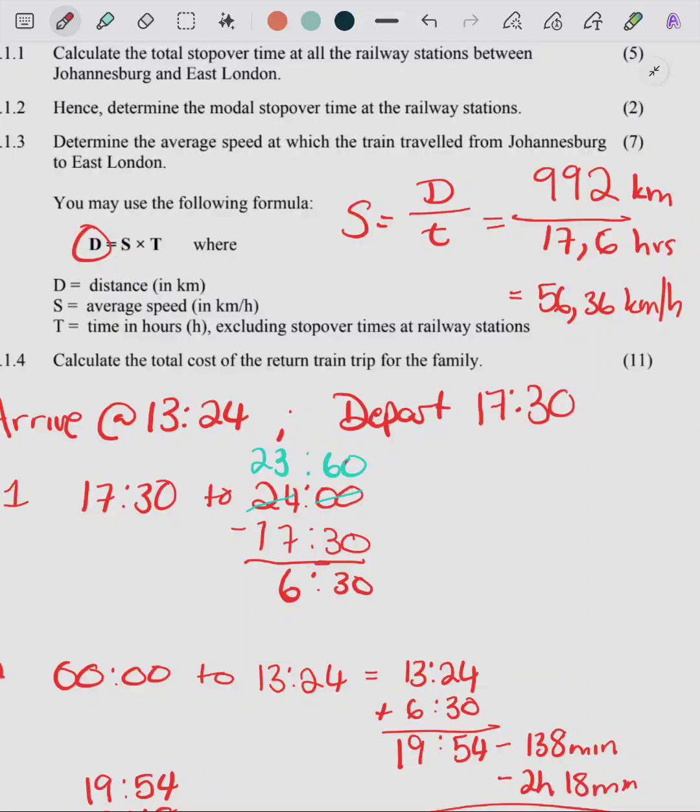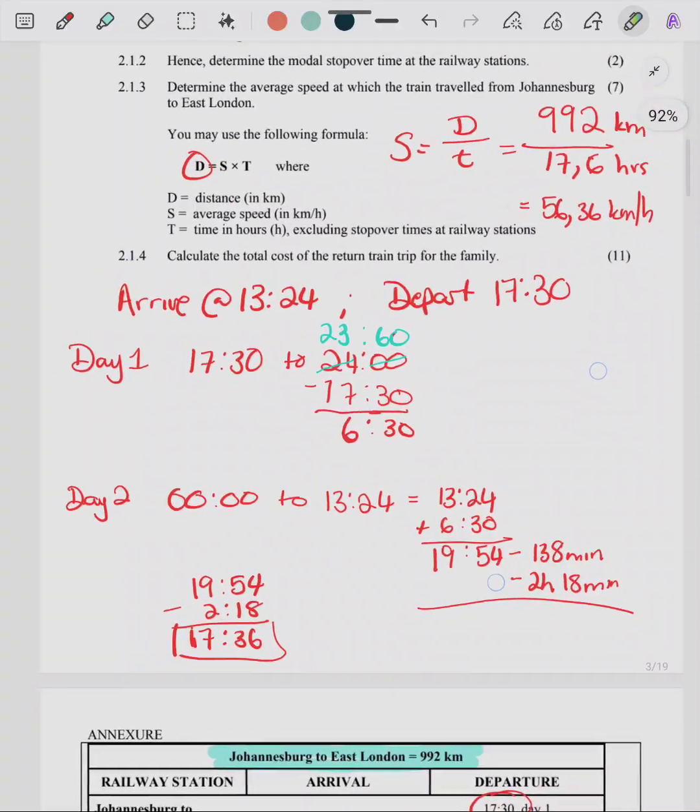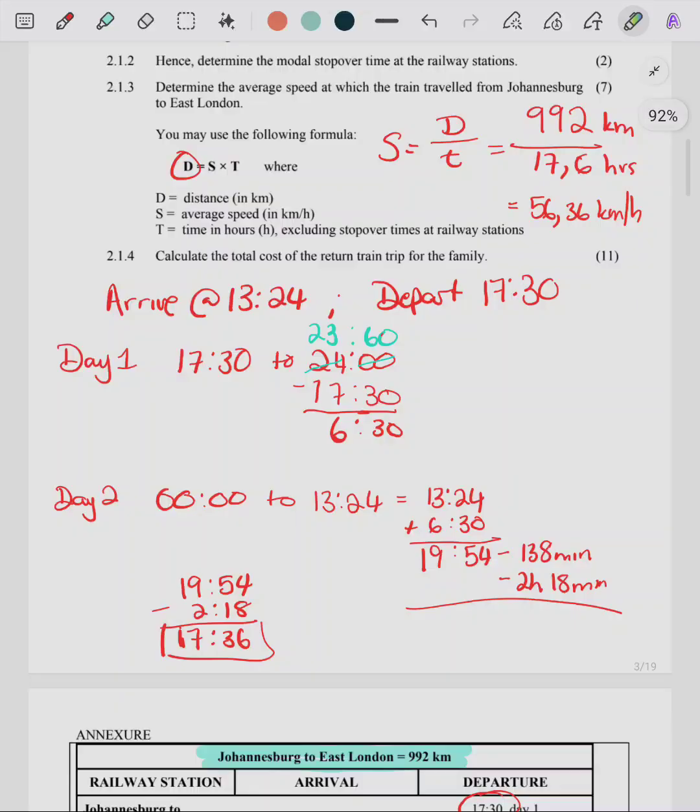So just to recap what we did, we rearranged the formula. We did this first over here. Then we worked out how much time passed, the length of the trip, by looking at the arrival and departure times from the table. We worked out for day 1 how much time had passed: 6 hours and 30 minutes.